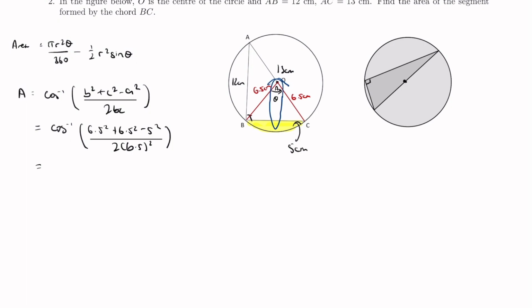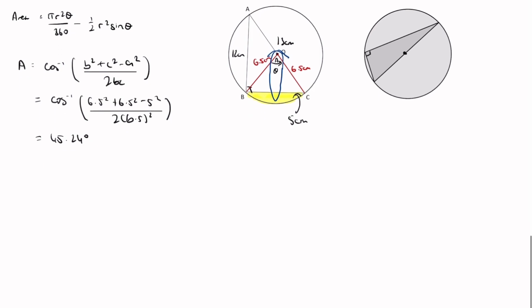So putting the inverse cos into my calculator, we end up with roughly 45.24 degrees. That's the angle A. Now we want to find the area.